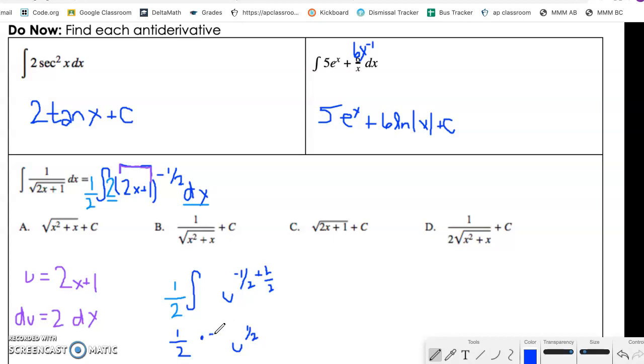So I'll multiply by 2, and I'm adding c at the end. The 1/2 and the 2 cancel out, so I just have u to the 1/2 plus c.